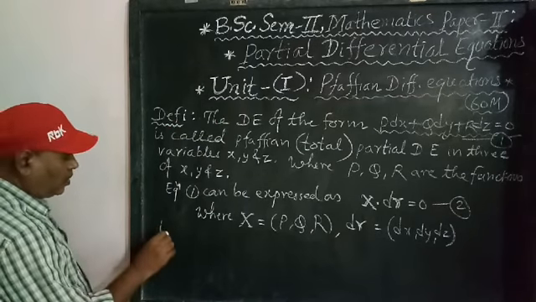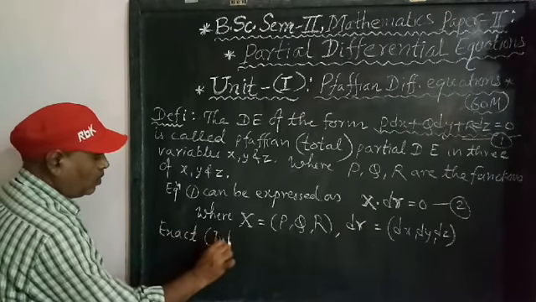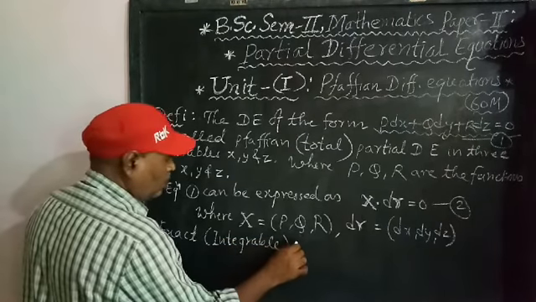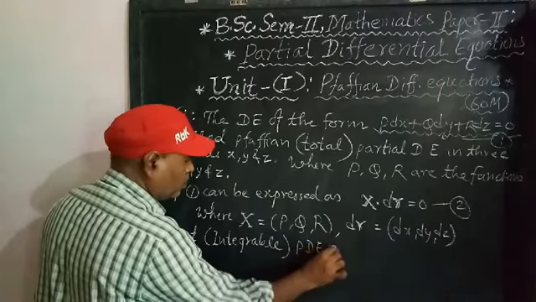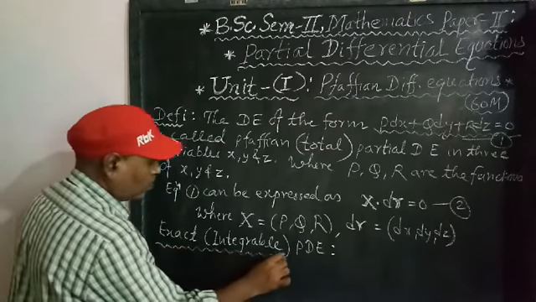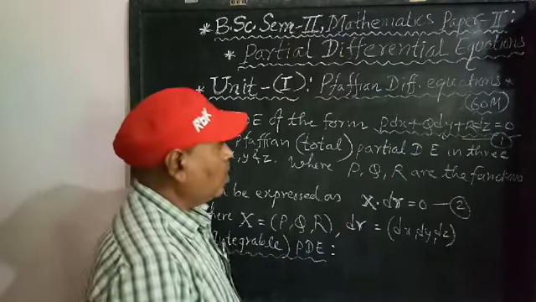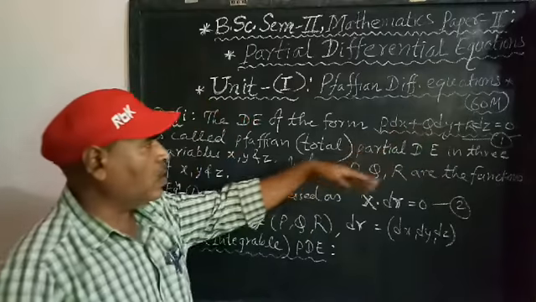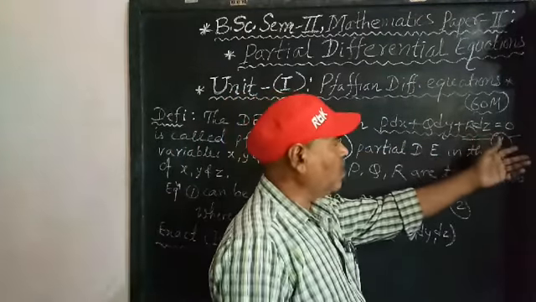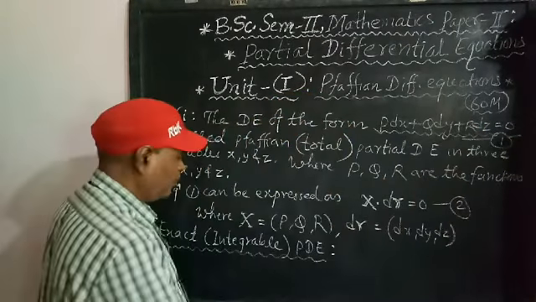Then we see the next definition: exact or integrable partial differential equation. The equation 1 is said to be exact or integrable if the left hand side is equal to the total differential of some function f, where f is a function of x, y, z.